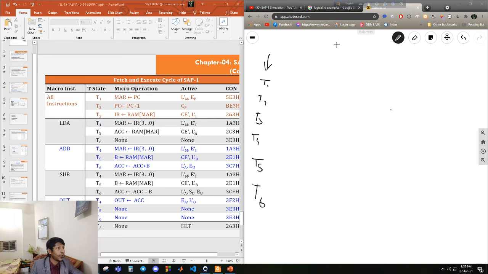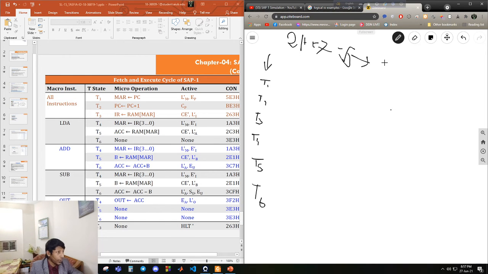So let's calculate 7 minus 5 and see how it is executed in the SAP architecture. The 7 is stored in 2H registers in the microprocessor, and the 5 is in 4H.